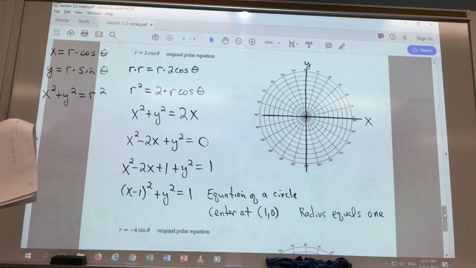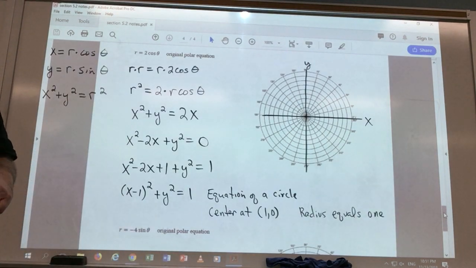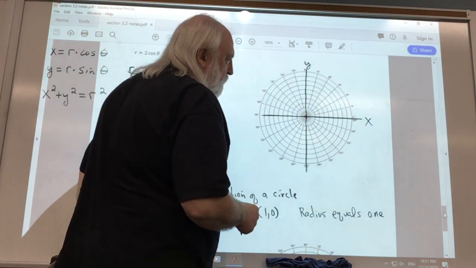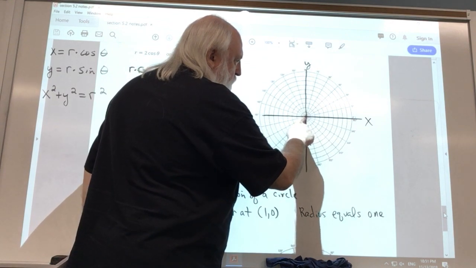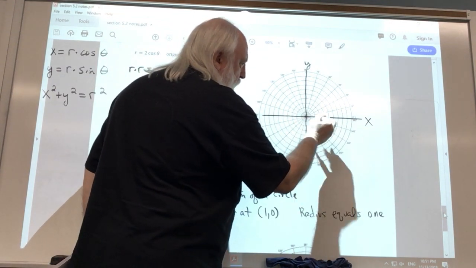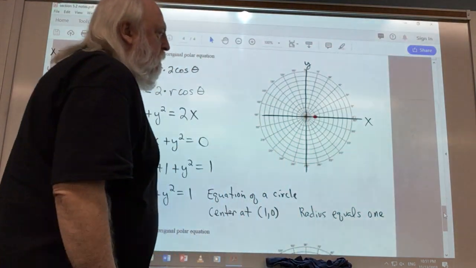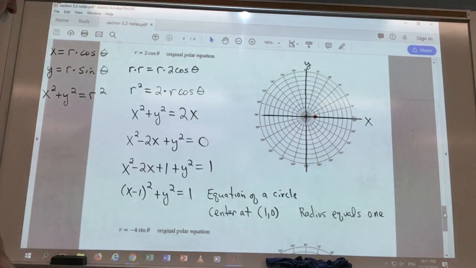So the center is at the point 1, 0 on the x-axis. I'm going to use the distance between each concentric circle as a half unit. So starting at the origin at the center, I got to go out 2 circles to the right. And that's the point 1, 0 on the x-axis. That's where the center is located.